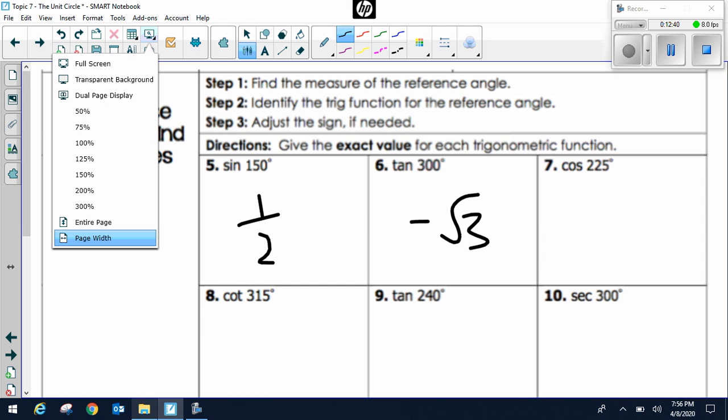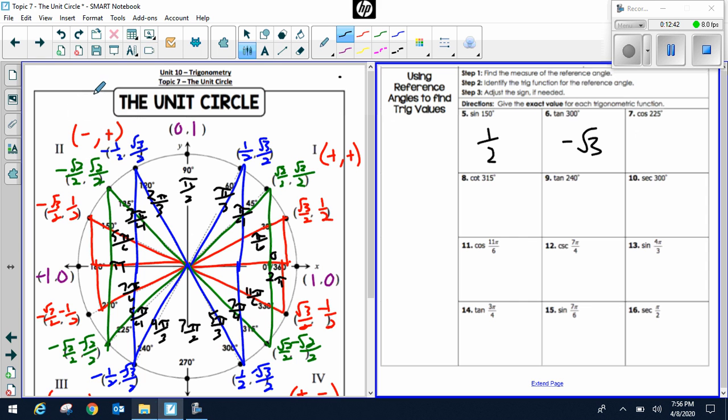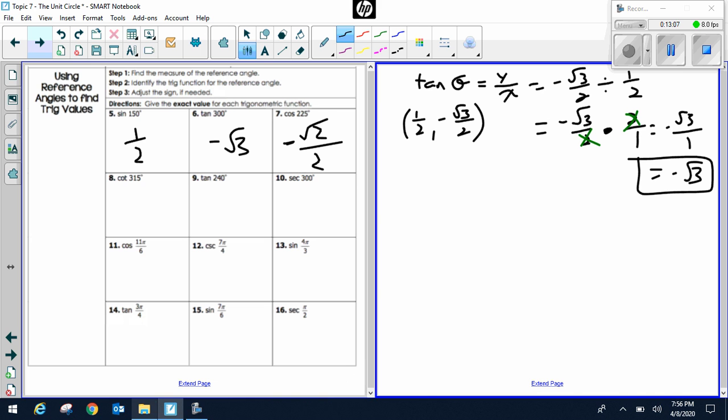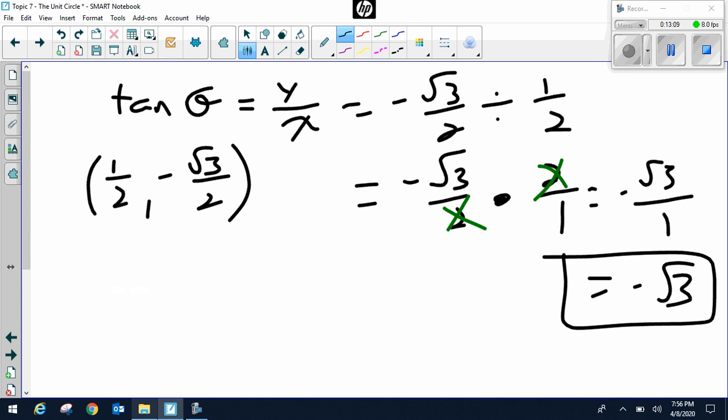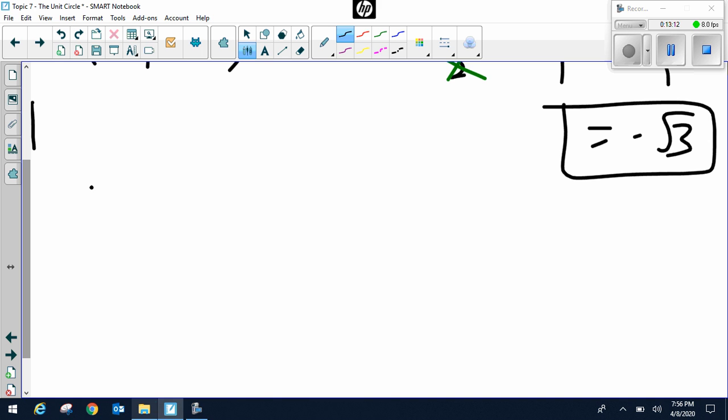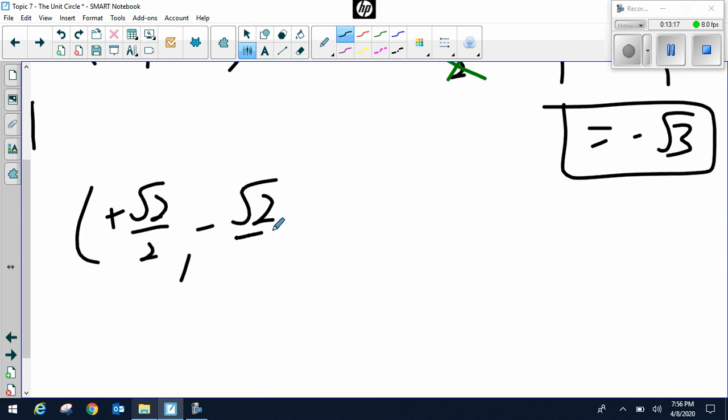So if we go back, cosine at 225. So 225 is right here, this line right here. Cosine is the x value, so that would be negative square root of 2 over 2. Okay, for cotangent at 315, the ordered pair is positive square root 2 over 2, negative square root 2 over 2.